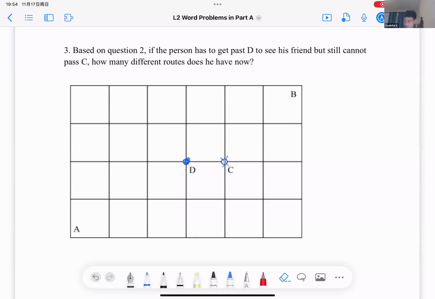Okay, so if you must get past point D, that means when we're only going upward or rightward, for example, at this point right here, you're not going to get to it because it's to the right of D, but it's lower than D, and you can only go up or right.